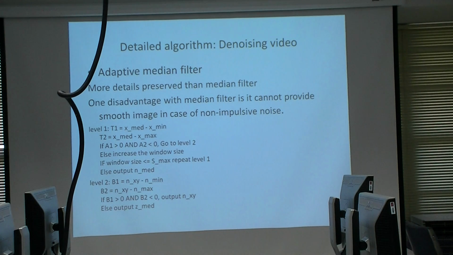Then we'll subtract the minimum and maximum intensities from the median. If T1 and T2 are two hypotheses, we consider one to be the positive impulse noise and the other to be the negative impulse noise. If this is greater than 0 and that is less than 0, then we consider that it doesn't have any impulse noise and we go to the next testing procedure.